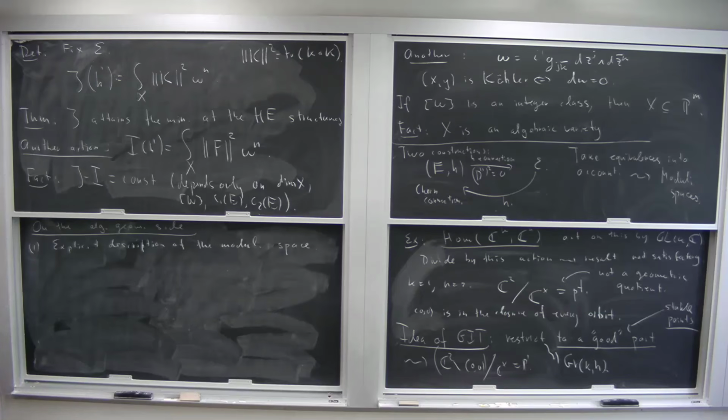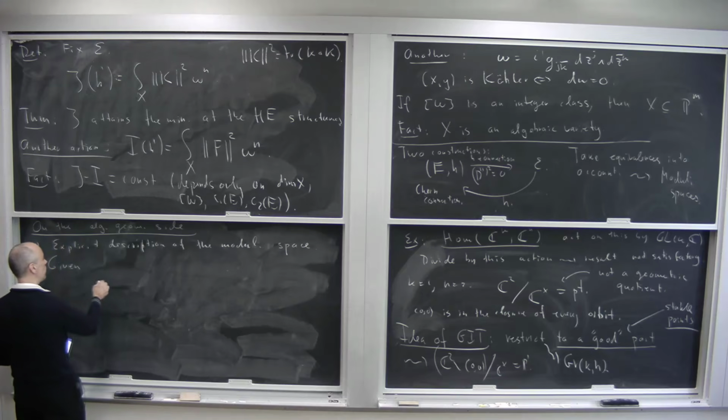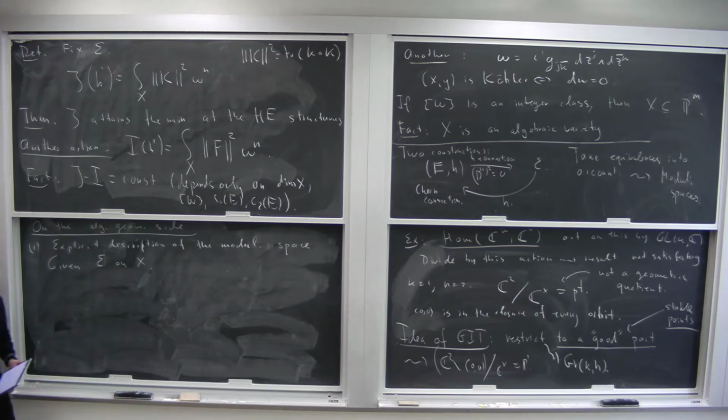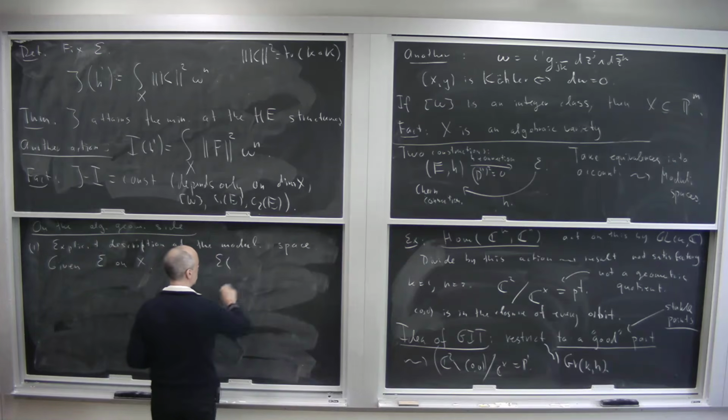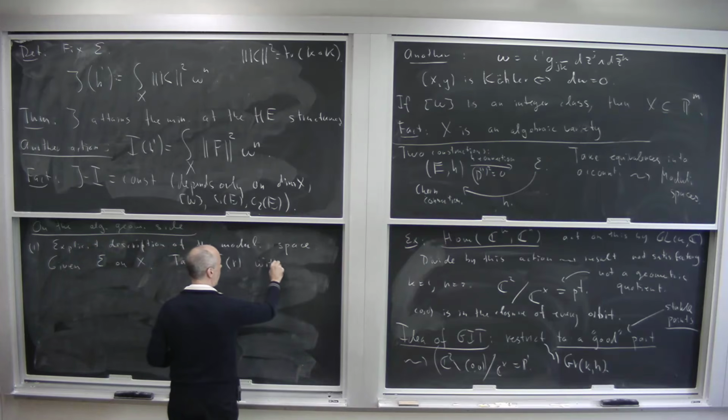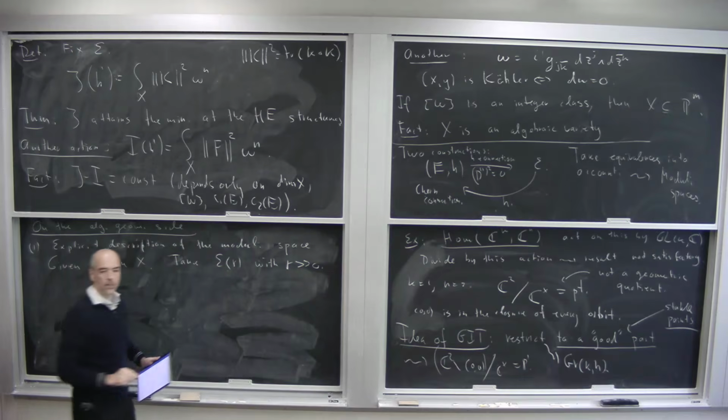So what we have here is the following. This construction has its origin in the work of Grothendieck in the 50s and 60s, and that is that given, let's say, a sheaf E on X. Now I think about E as being an algebraic coherent sheaf or bundle. It doesn't really matter if it is coherent or not, because we're on the algebraic geometric side. Then twist: take E(R) with R high enough such that it is globally generated.